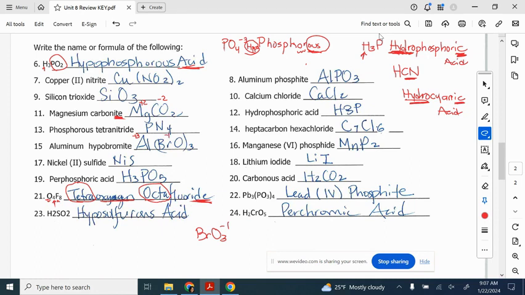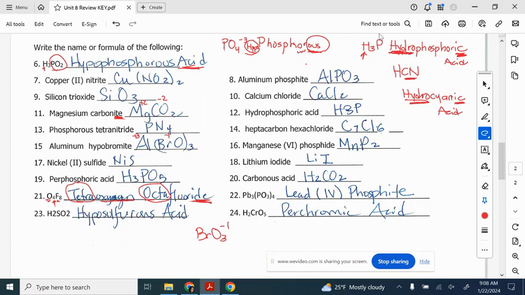Hypobromite is going to be 2 less oxygen. So it's BrO. And we need to balance out our charges. So I need 3 of these for every 1 of these. It has to be in parentheses and the 3 outside. Good? Remember how to do all those?